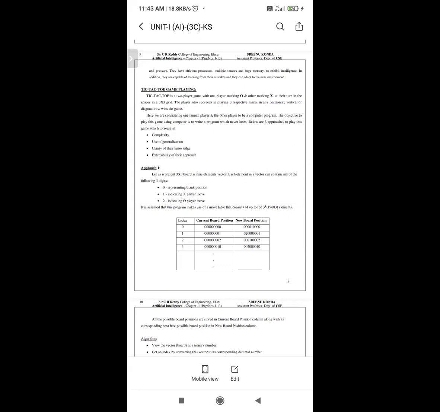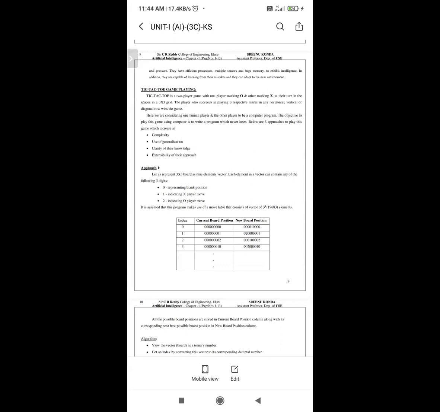Right. So index 0 is all zeros. This is the current board position, and the new board position will be here: 0, 0, 0, 0, 1. That means at any of the positions, it is going to make a move. So this 1 represents that the X player has made a move.